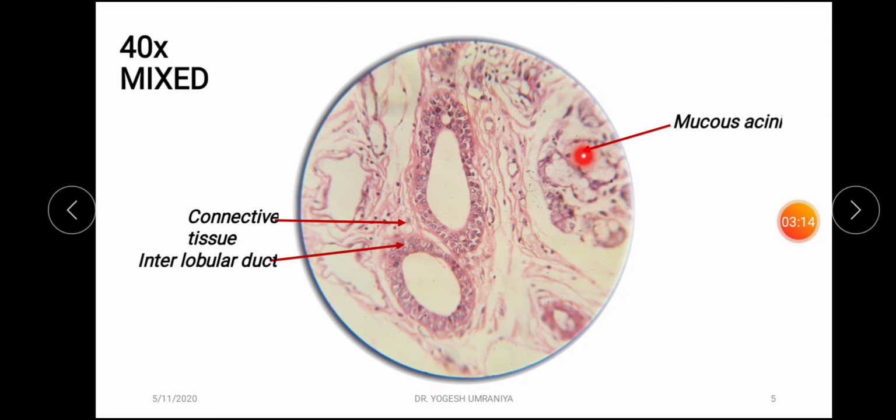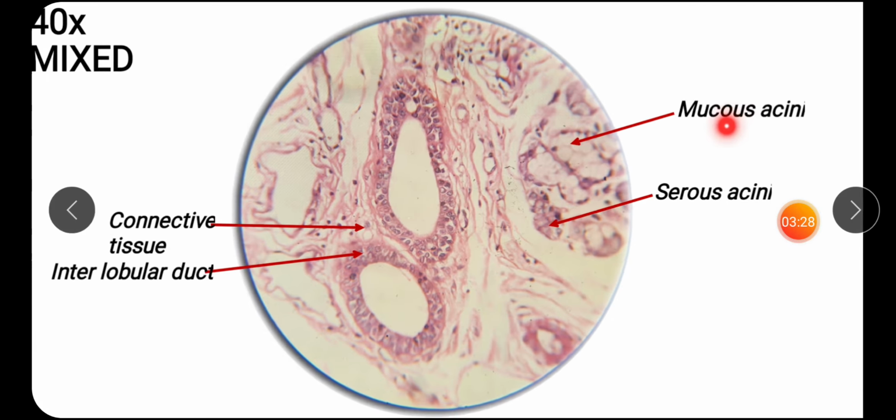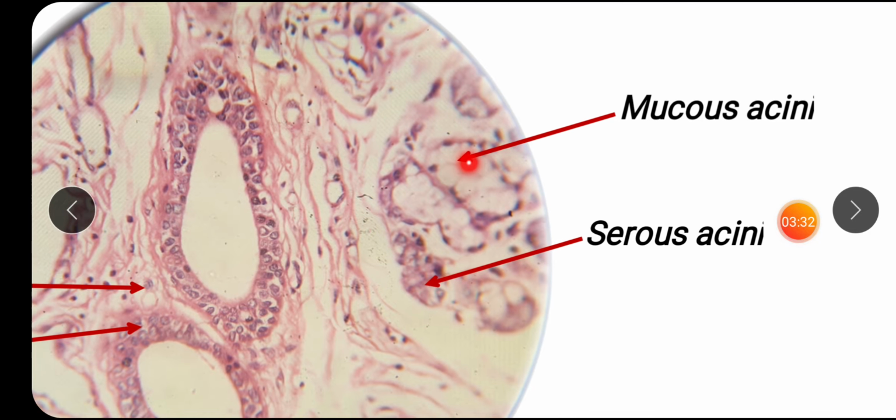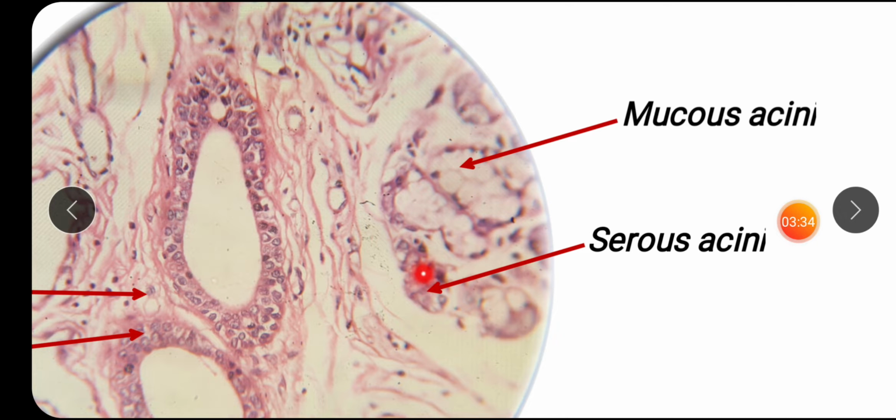And this is the mucus acini, because that is lightly stained as compared to the serous acini, and this is darkly stained, that is the serous acini. So you can see the difference in staining of the mucus as well as the serous acini.